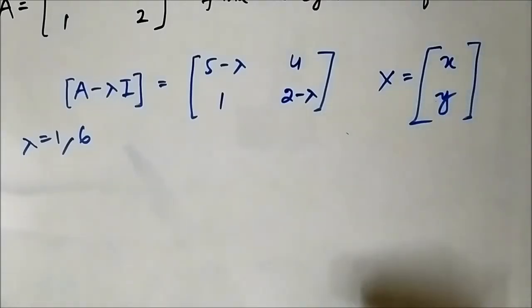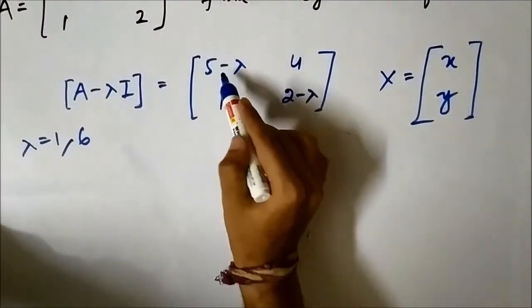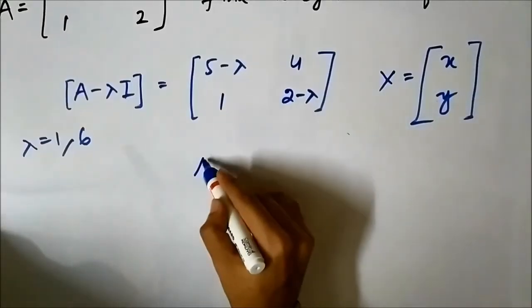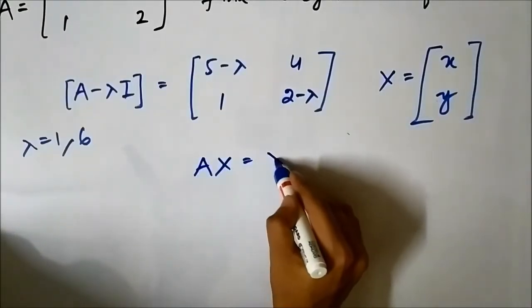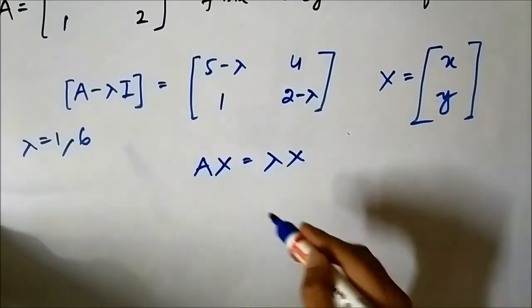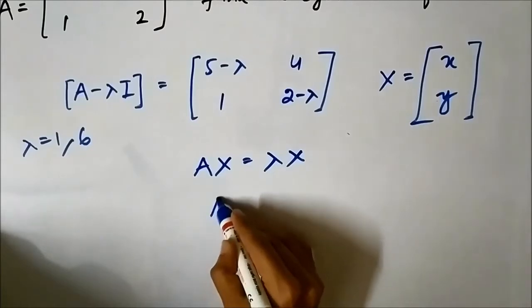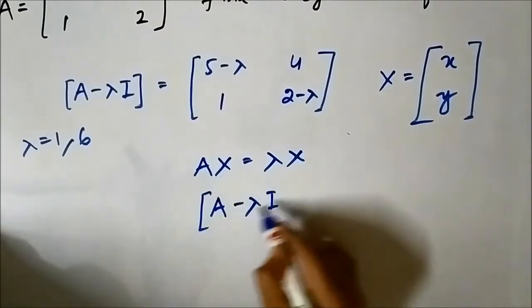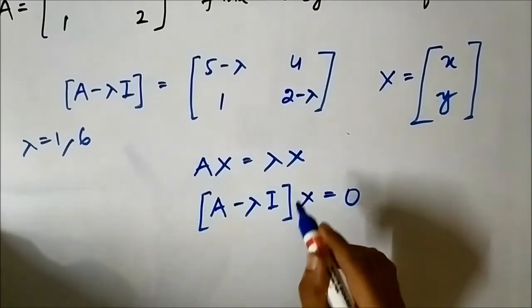We have to find the value of x and y such that Ax is equal to lambda x, or we can say that (A minus lambda I) into x is equal to 0.